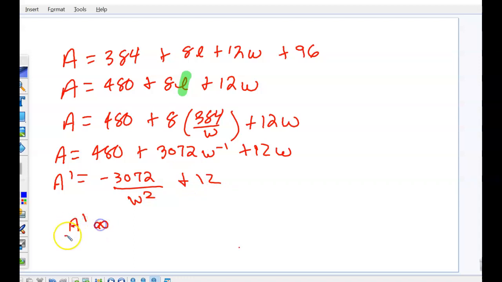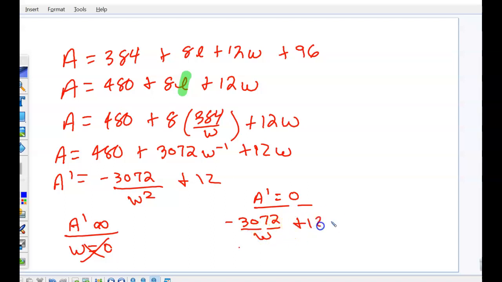So first of all, we can see that the derivative is undefined when W equals 0, but that wouldn't make sense in the problem because W is representing a width. So we need to figure out what makes the derivative 0. So I'm going to take this whole equation and set it equal to 0. So I'm going to add the 3072W squared to this side.